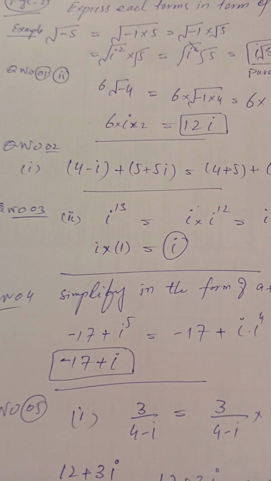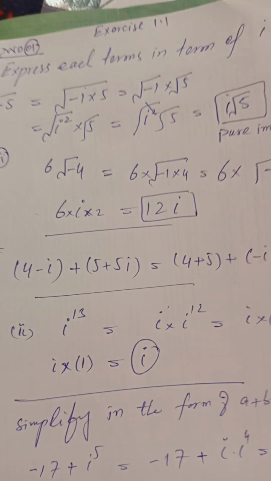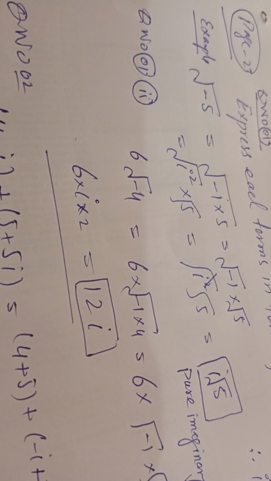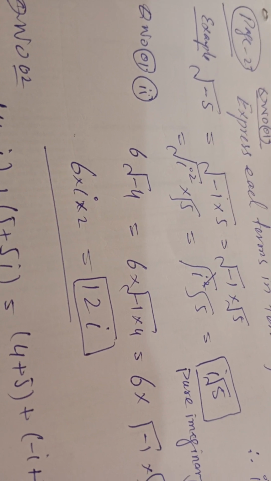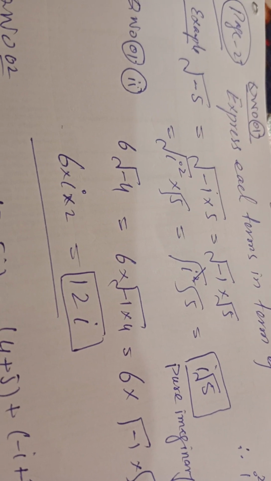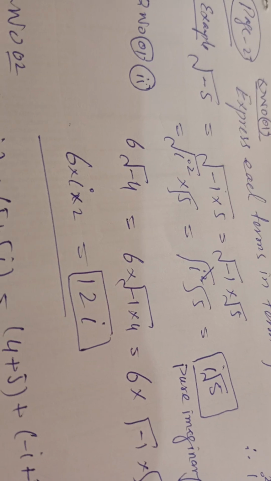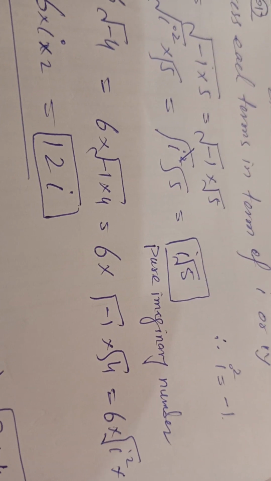Here I have to solve some of the questions. For example, if someone asks to express each term in terms of iota, so in this case, if the question is in the form of square root of minus 5, first we divide the minus 5 into minus 1 times 5, and minus 1 is equal to iota square.